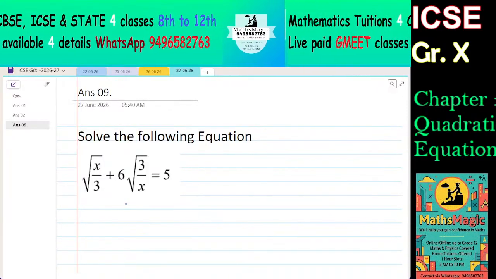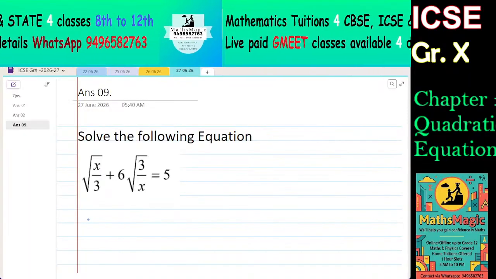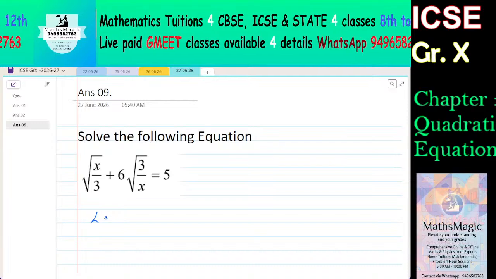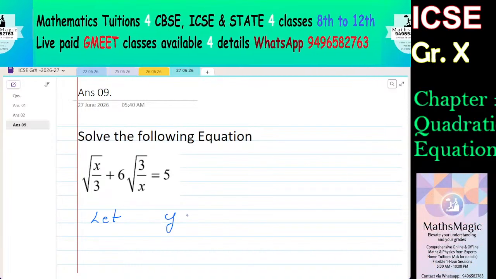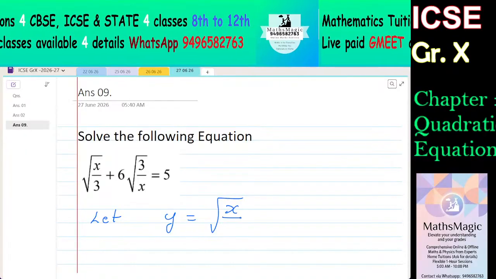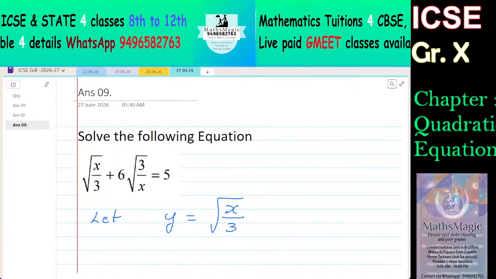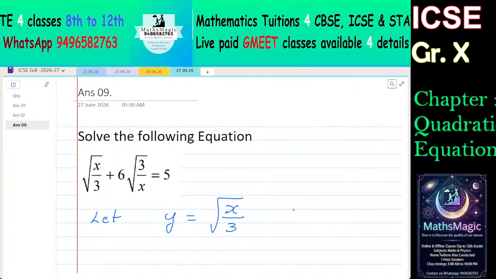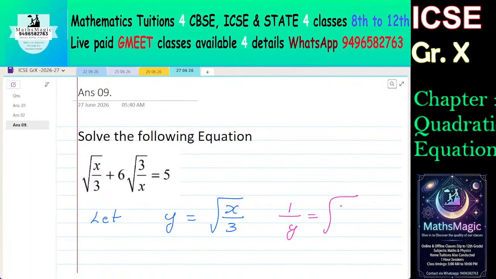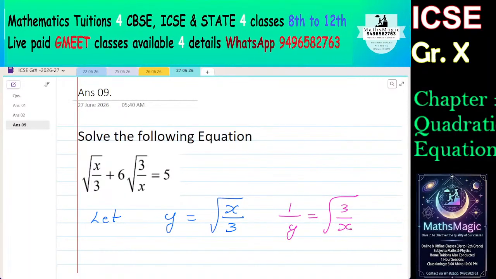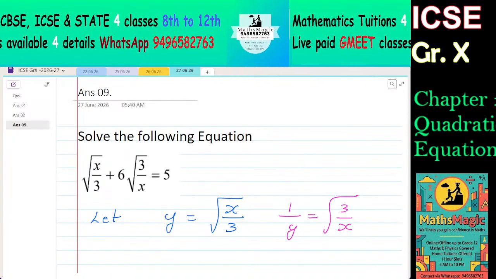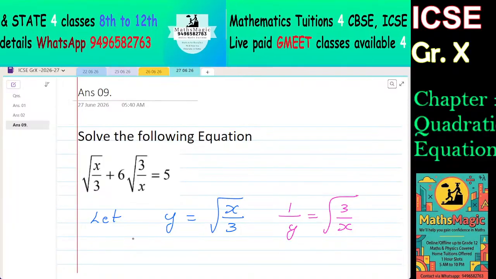We will substitute, say, let y equal root of x by 3. Then obviously 1 by y will be root of 3 by x. Reciprocals. Now this became a very simple question.